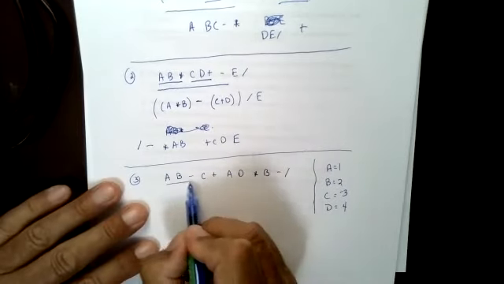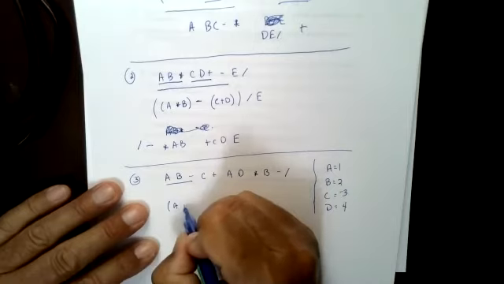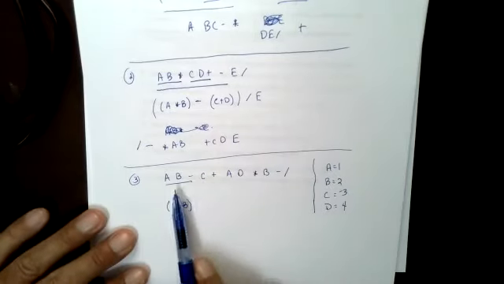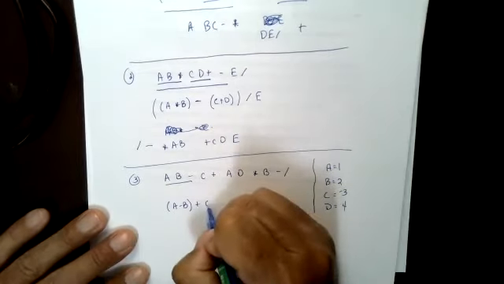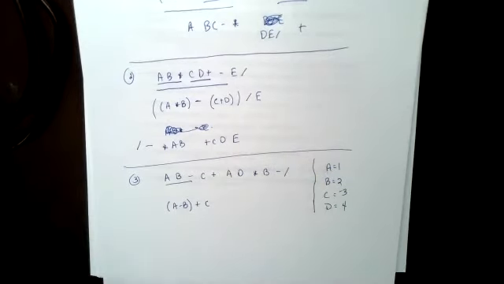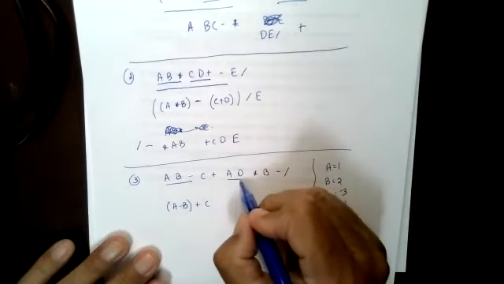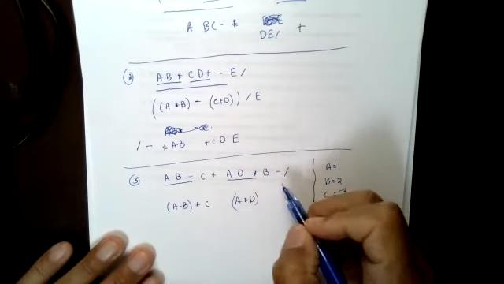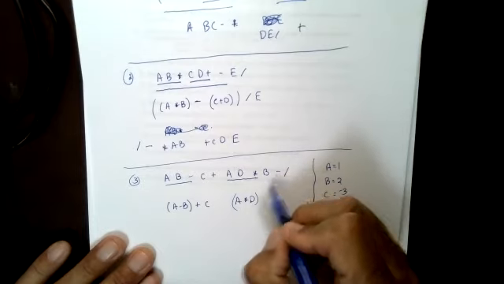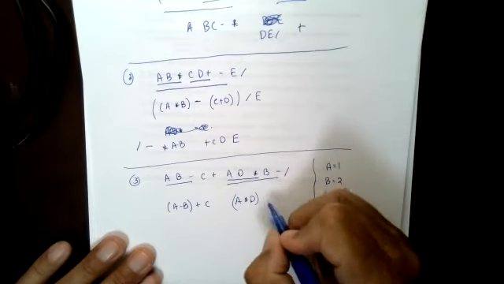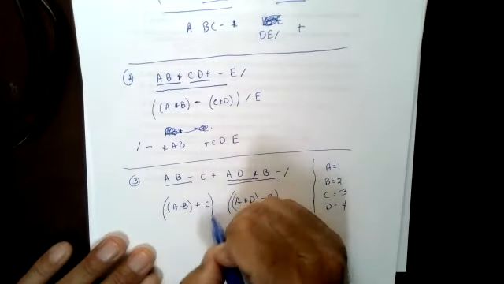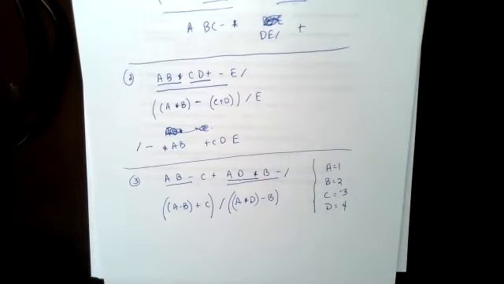I know these 3 go together: A minus B. And then I'm going to take that and the C and add it together. These 3 go together: A times D. And then that and the B minus go together. So minus B, slash.